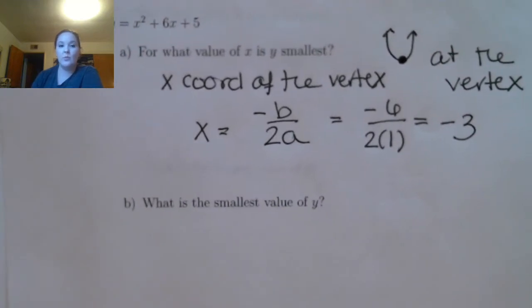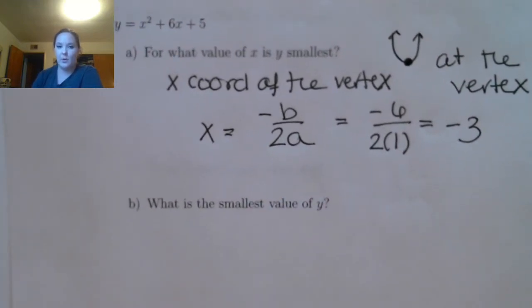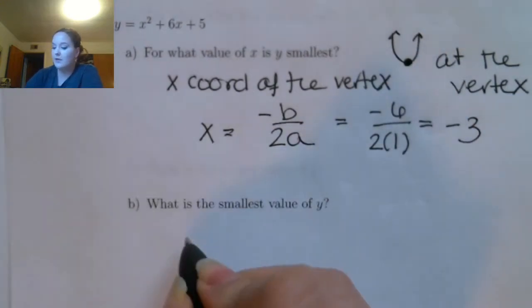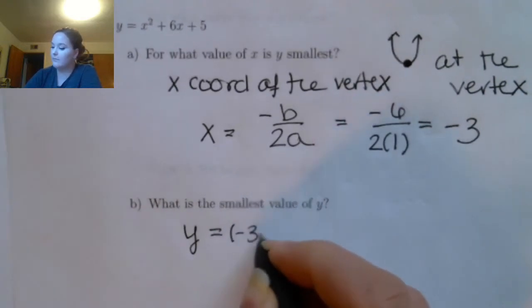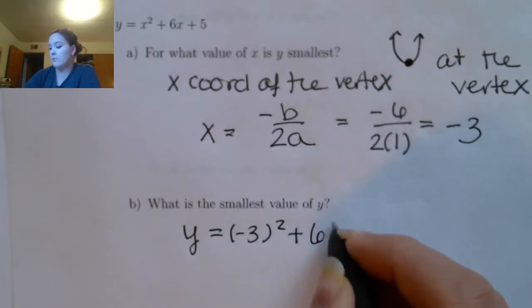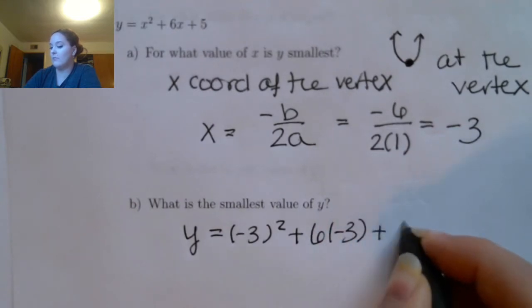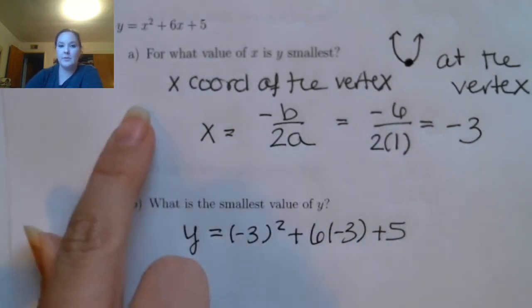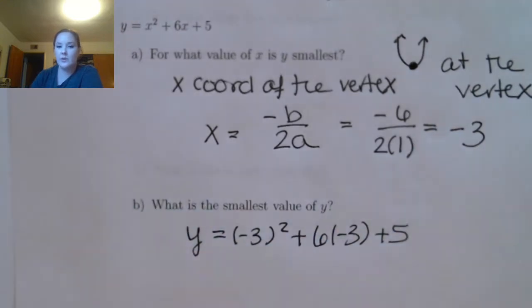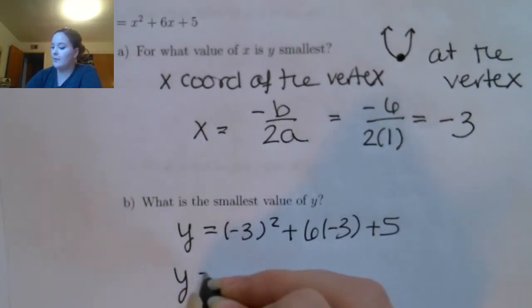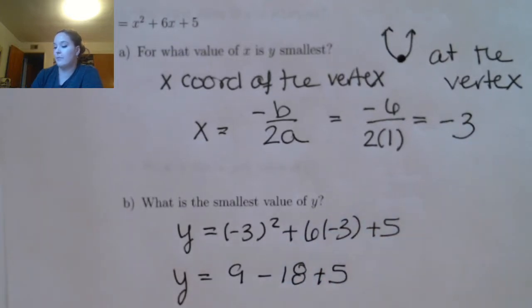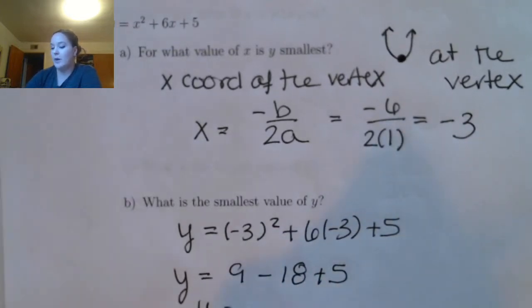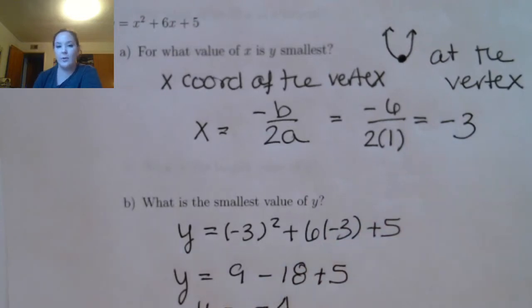Then it says, what is that smallest value of y? That's going to be the y-coordinate of the vertex, and we can find this by just plugging in our given x-coordinate into our original equation, the x-coordinate that we found in part A. This should give me y equals negative 4.